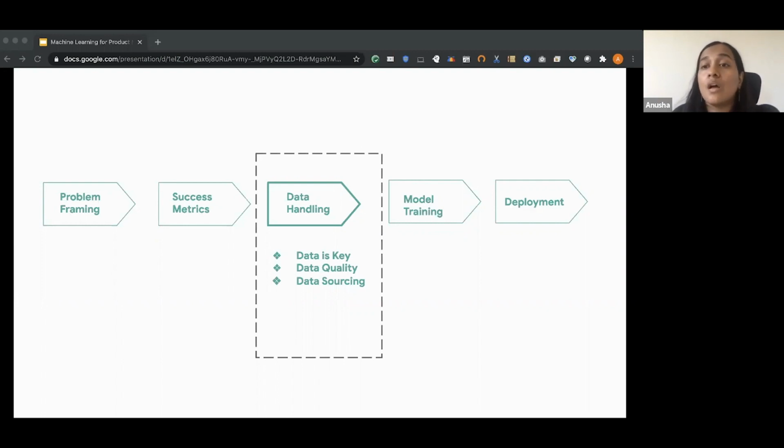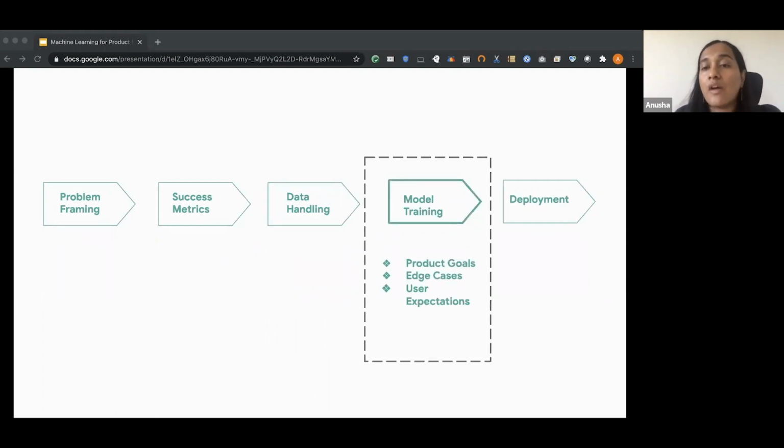If you don't have enough data for the problem type you're working on, you could think of ways like gamification to make it fun and easy for users to provide data. You can think about crowdsourcing or working with human labelers to get good quality label data. So it's important to figure out ways to source data in a responsible manner, while at the same time accounting for aspects like privacy, security, fairness.